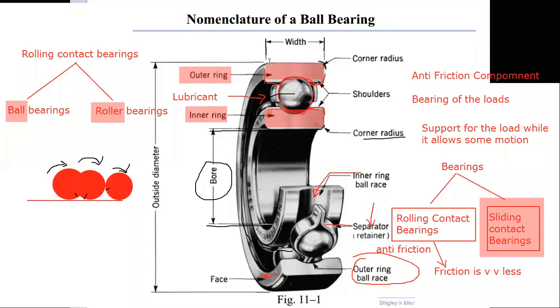This is how we put it. Let me just show you. If this is a bearing, and then we have balls in here.